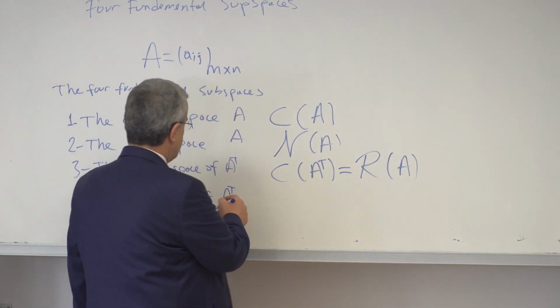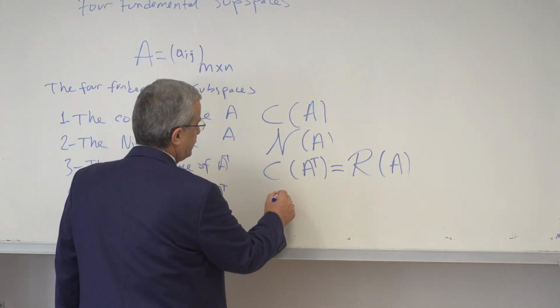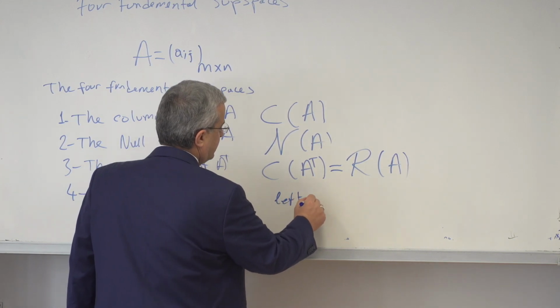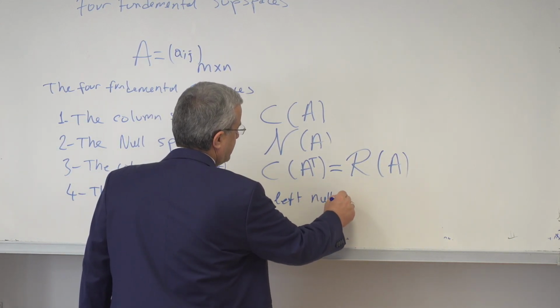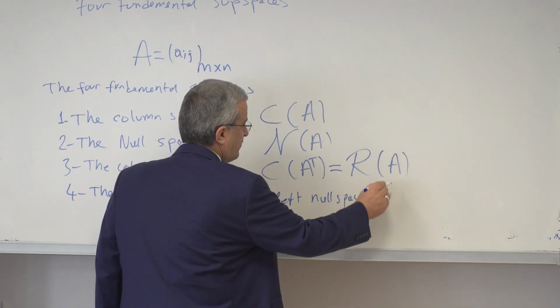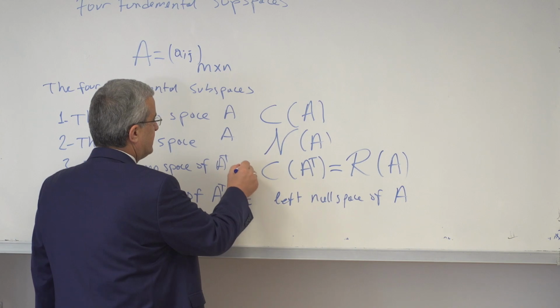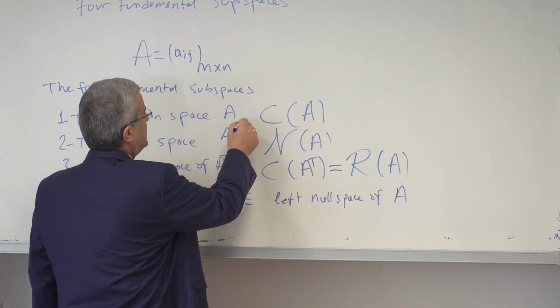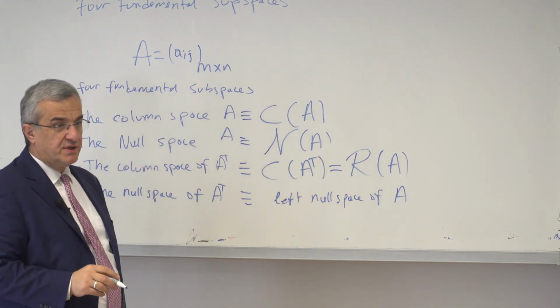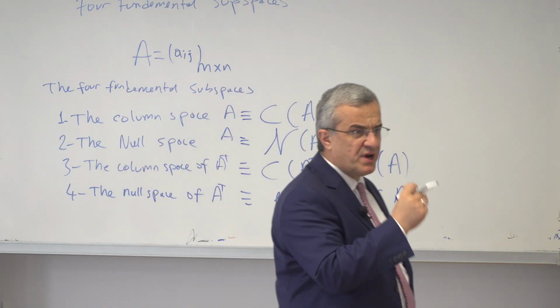And this is the left null space of A. So these are equivalent names for the same thing, okay? So let me just briefly remind you what these are.